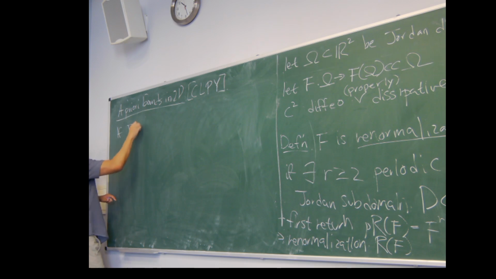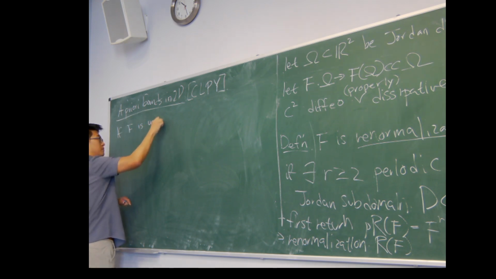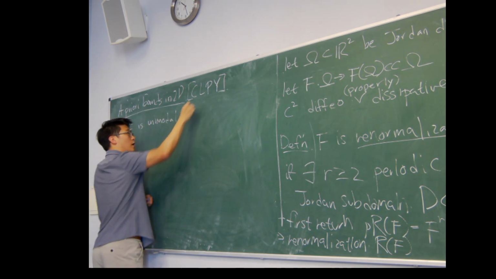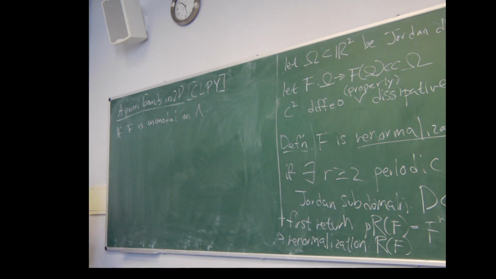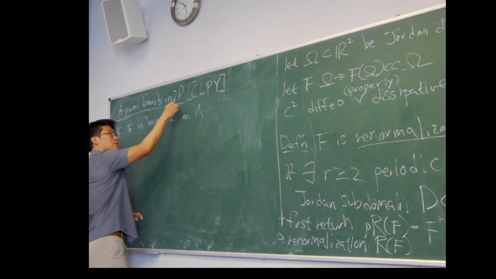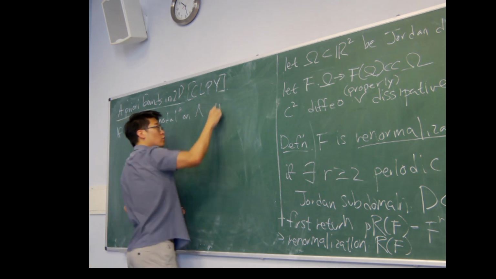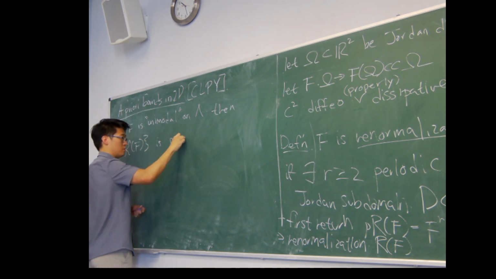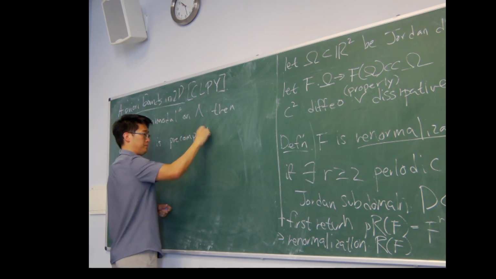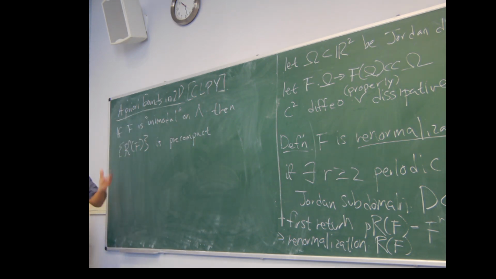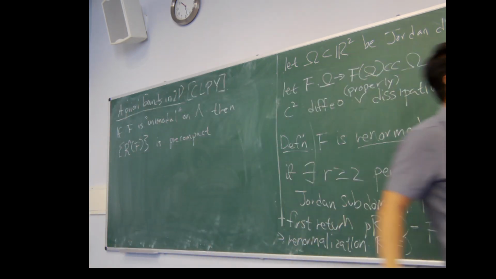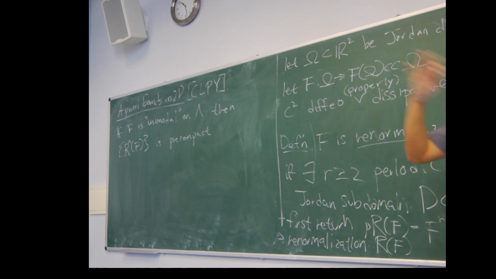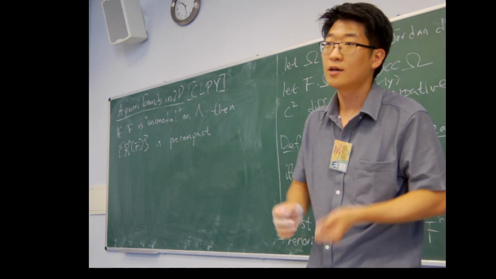if F is unimodal on this renormalization limit set, whatever this means, then we have the same result as in 1D. Then the sequence of renormalizations is pre-compact. So if you zoom in into this dynamics, the picture doesn't degenerate into something wild. It's something tame.